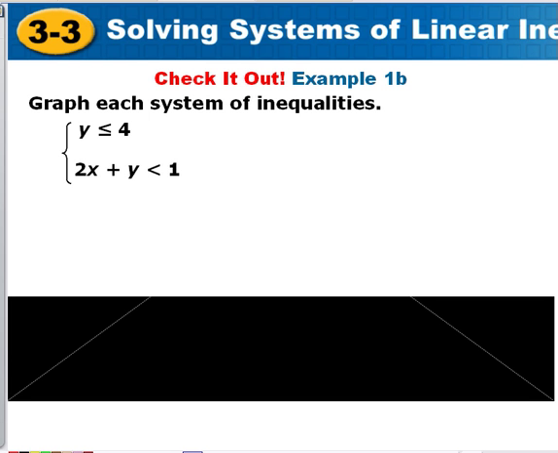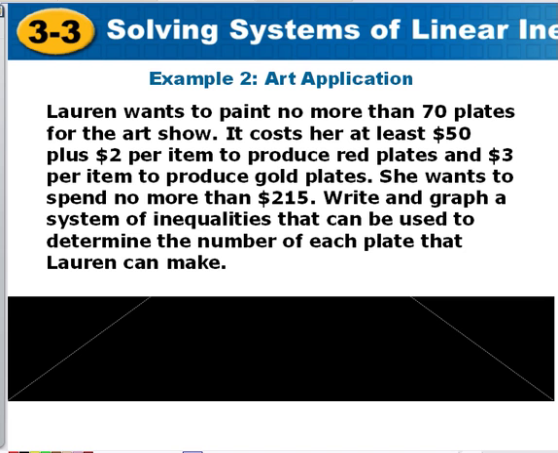All right, so let's look at an application of systems of inequalities. Lauren wants to paint no more than 70 plates for the art show. It costs her at least $50 plus $2 per item to produce red plates and $3 per item to produce gold plates. She wants to spend no more than $215.